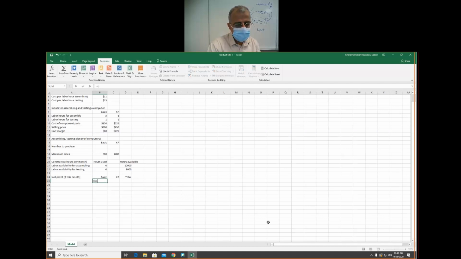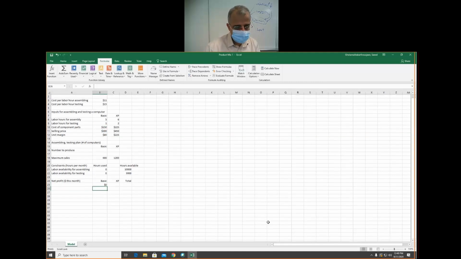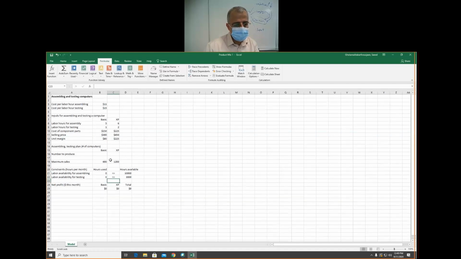This one equals B12 times B16, and total is the summation of these two. It must be less than or equal to this one, less than or equal to this one. The same for this one. Numbers to produce must be less than or equal to the maximum sales.